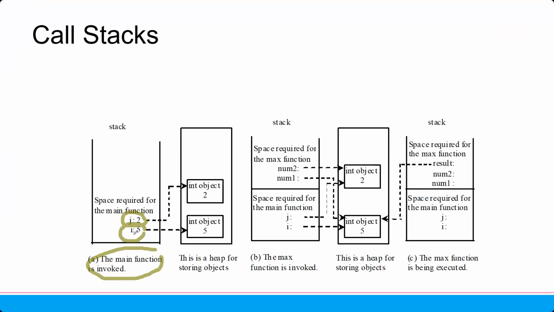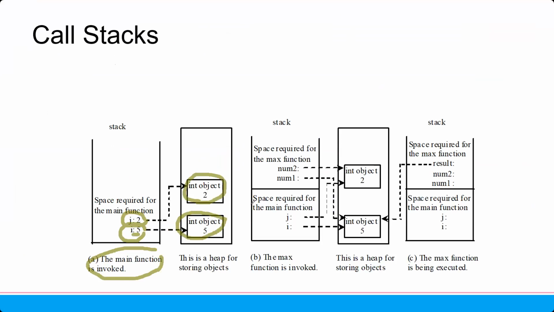So for example, when i is 5 and j is 2, the computer will create a place in memory. The first memory is for i, which is 5, and the second memory is for j, which is 2.